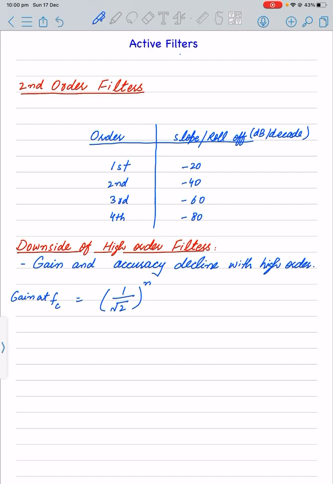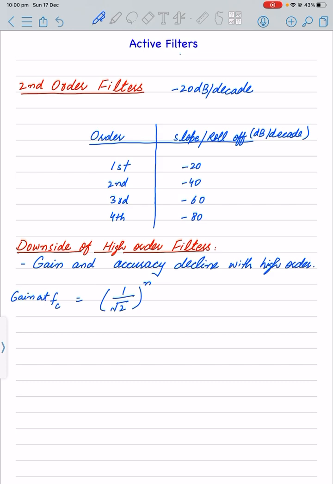So basically, as we told, for our first order filters we have a slope of around minus 20 dB per decade, and we showed that a decade means 10 times the frequency. So we are actually not happy with that slower response, and we want some faster response for our filters.